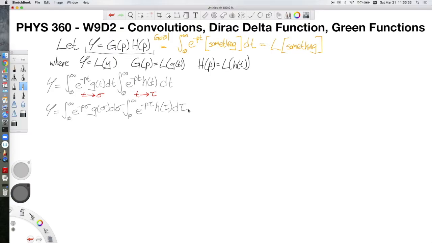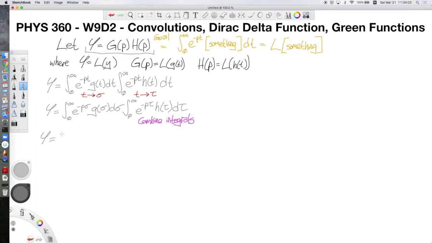And now, since we have two integrals in terms of different variables, one over sigma, one over tau, we're going to combine our integrals into one, and write them all as one integral. We can do this because tau and sigma are independent of each other.